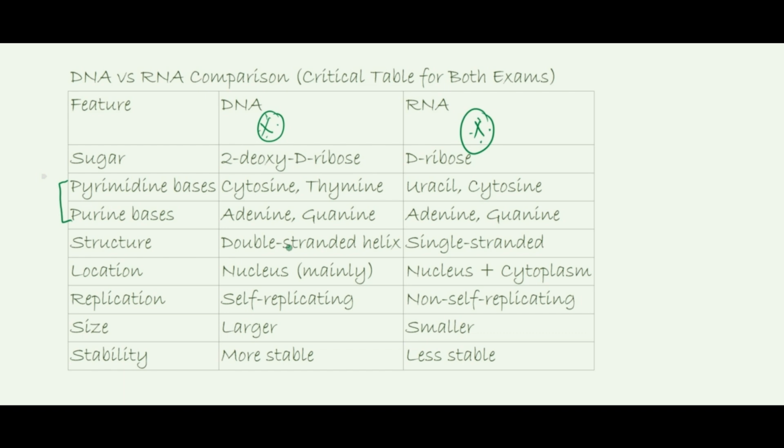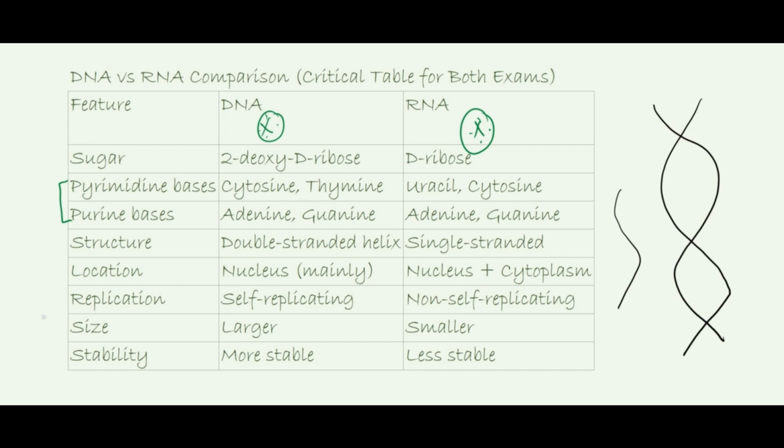Structure: in case of DNA, that is a double-stranded helix. Like you have seen the structure like this. You can see the structure like this, the double-stranded helix in case of DNA. And RNA is so simple, a single-stranded structure.